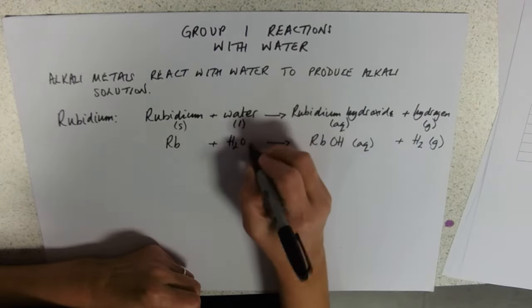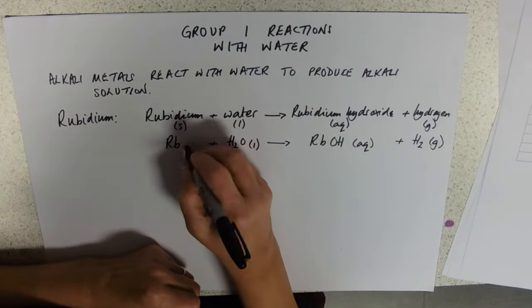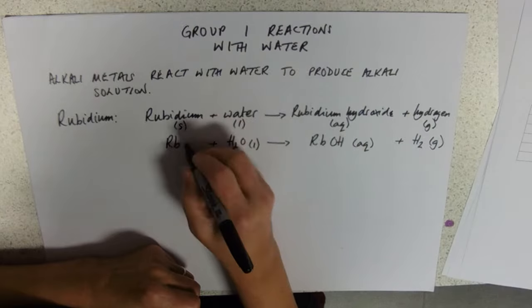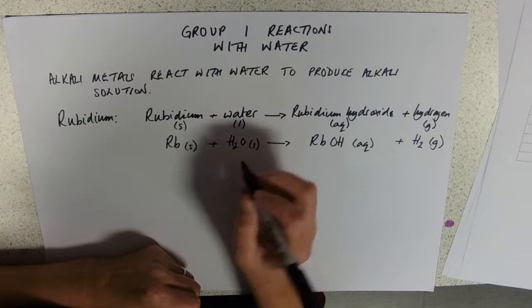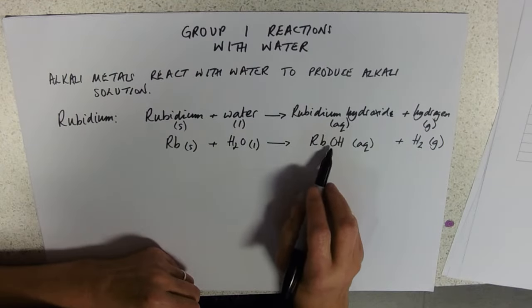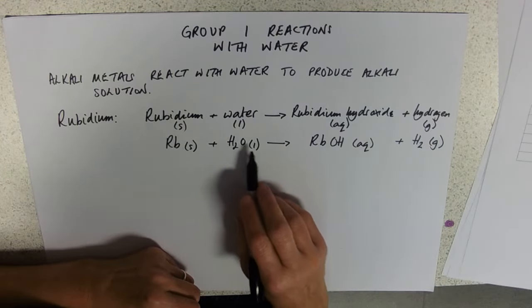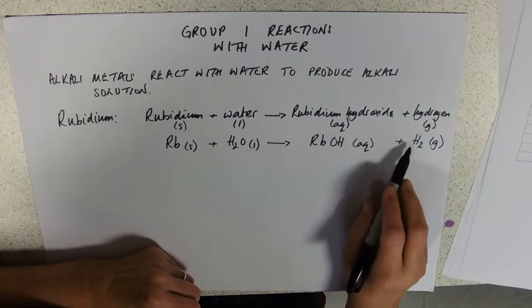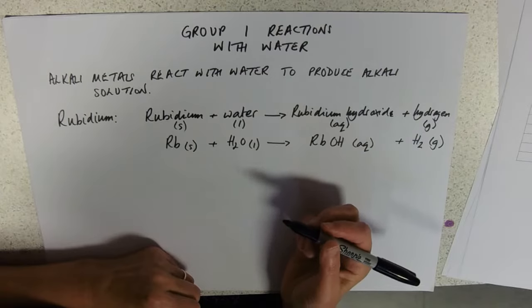Now obviously, is this balanced? How do we know whether it's balanced? So on this side we've got one rubidium, one oxygen, but we've got 3 hydrogens. We've got 2 on this side and 1, 2, 3 on that side, so that's not balanced.